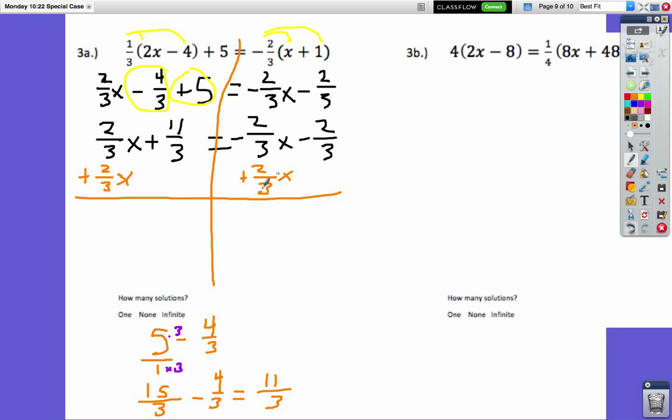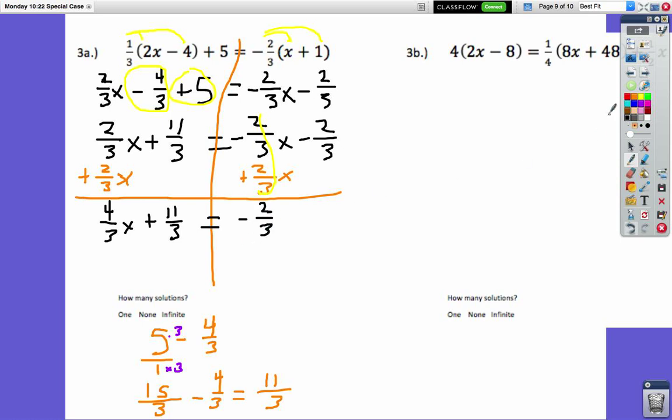So, 2/3 plus 2/3. Well, that already has a common denominator, so it's 4/3 x plus 11/3 is equal to, well, those cancel out. Those are gone. I'll get my yellow here and cancel those out because those cross off. And then we just have negative 2/3.